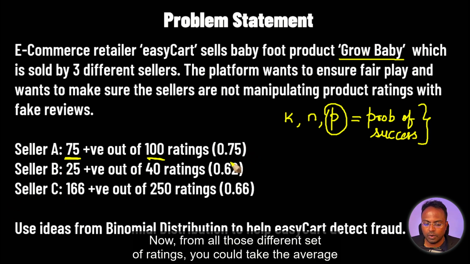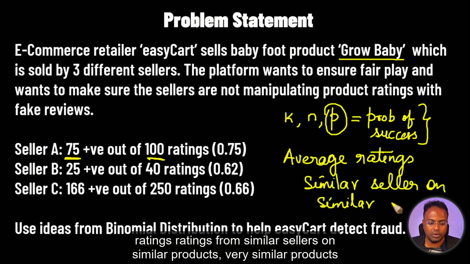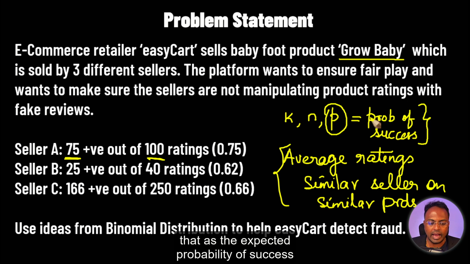From all those different sets of ratings, you could take the average ratings from similar sellers on very similar products. You could compute this average and call that the expected probability of success.